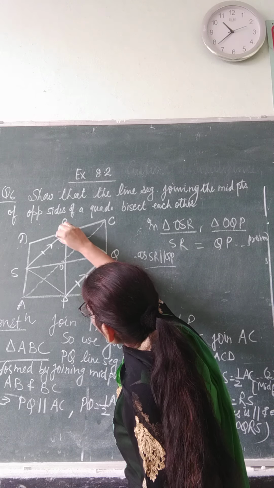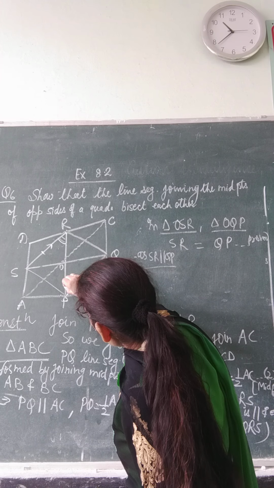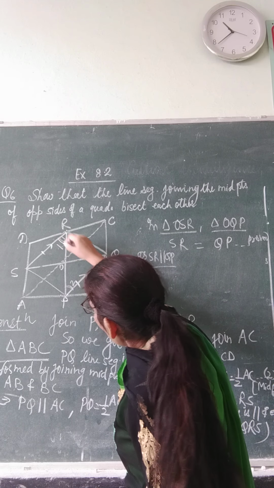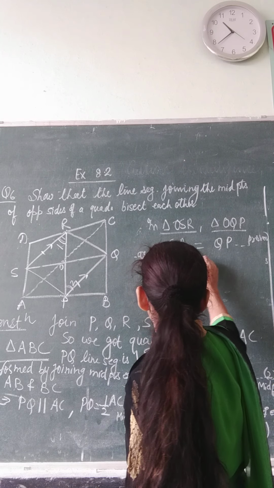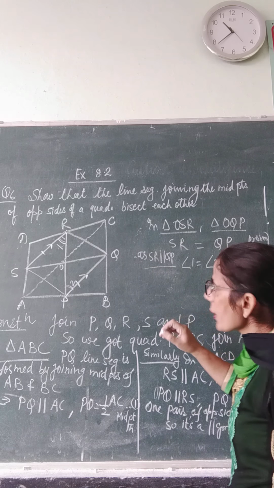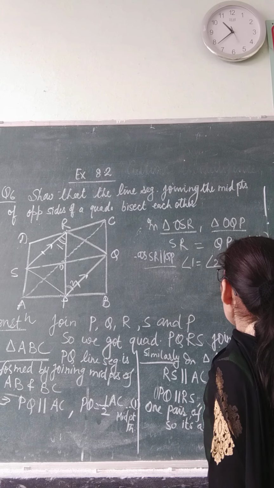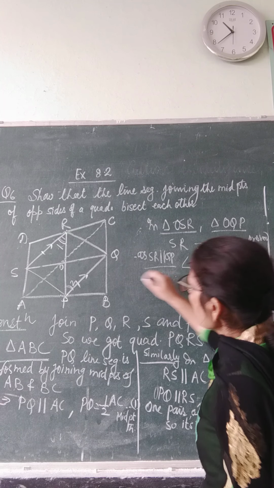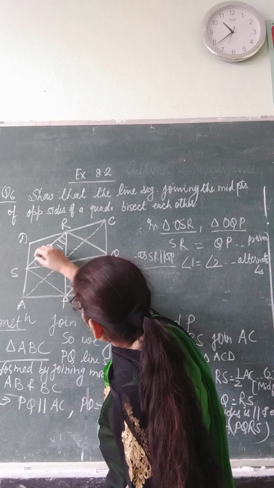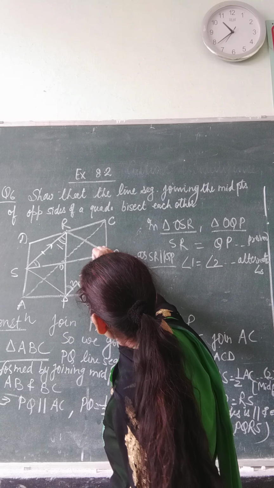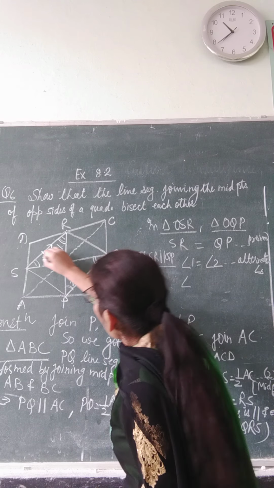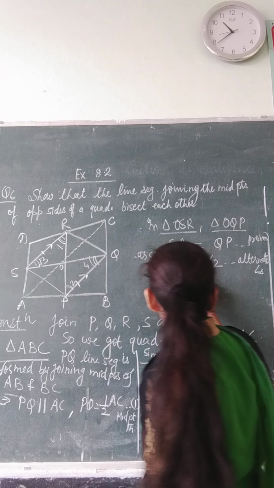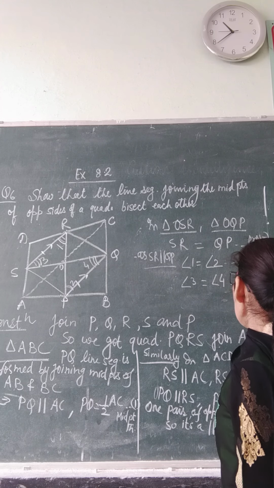So you can say angle 1 is equal to angle 2. Why? What kind of angles these are? These are alternate angles. Similarly, angle 3 is equal to angle 4. What is the reason? Same reason.